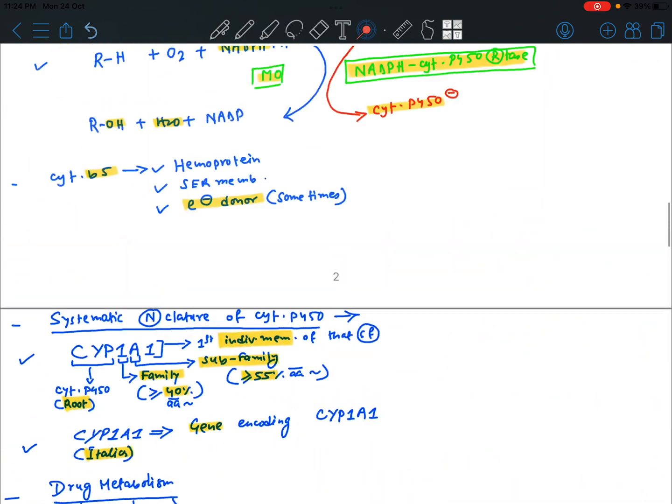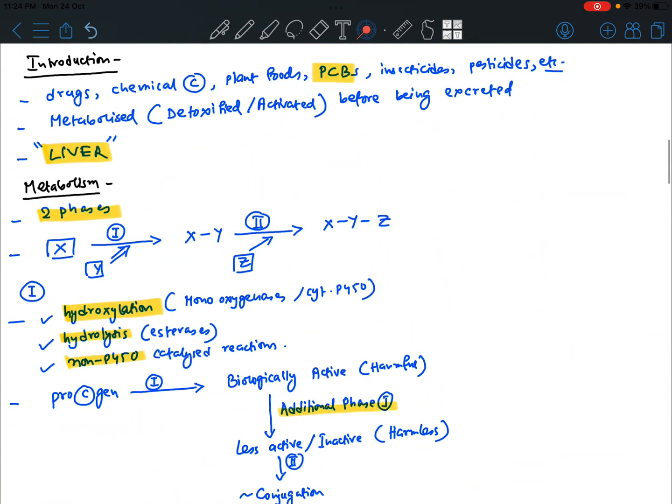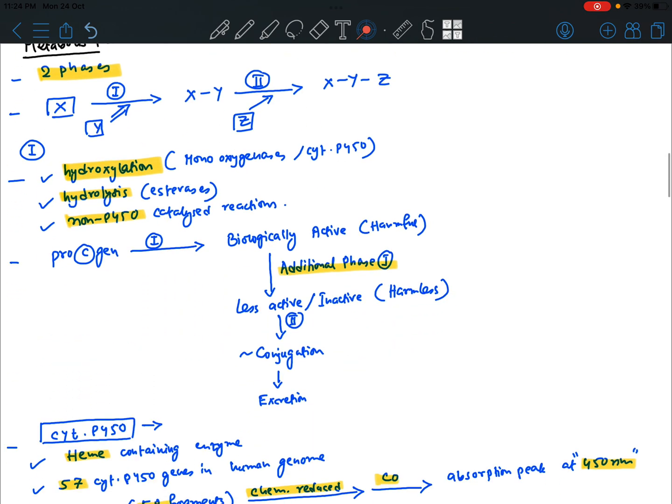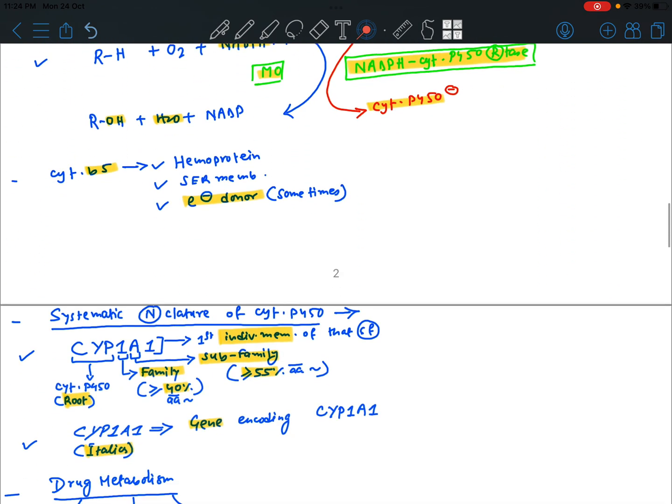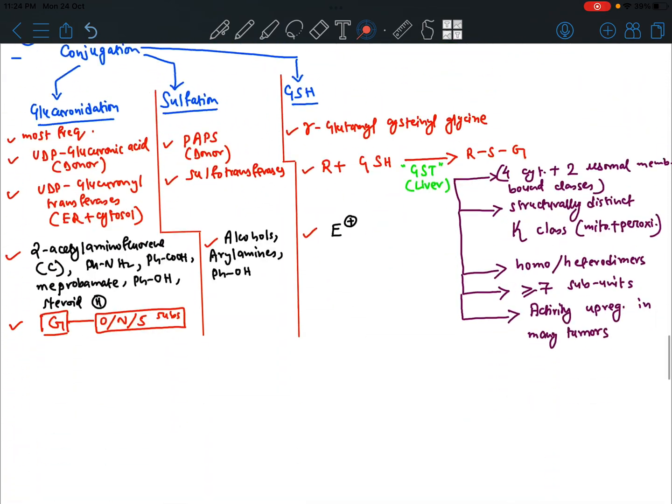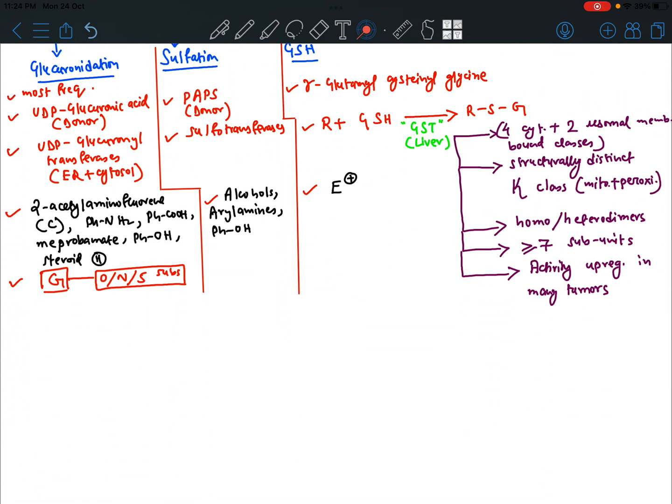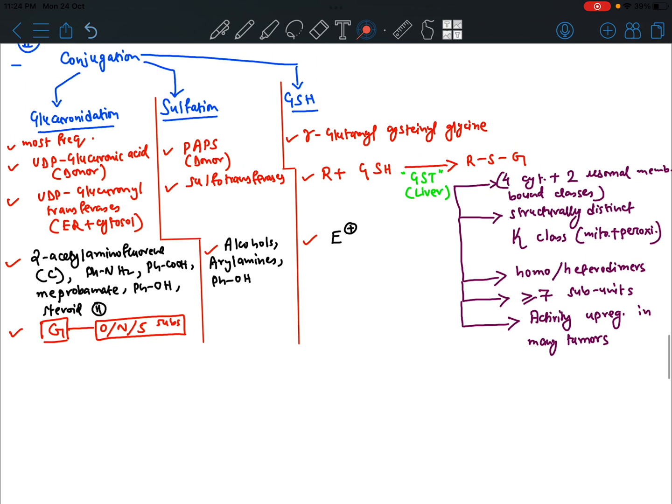We saw procarcinogen, phase 1, biologically active. Any xenobiotic which is a procarcinogen becomes active after phase 2. That means they will cause cancer.